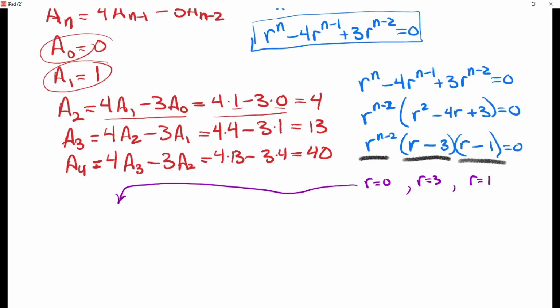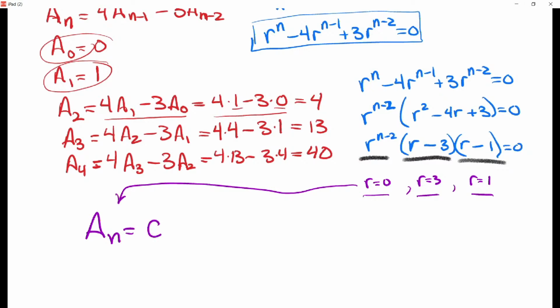Okay, so we have these 3 solutions. And as I mentioned, the 0 is always a solution that you're going to ignore. But I'm going to not ignore it just for a minute. So my solution, I'm going to do this. A sub n is going to be, I'm going to start with the 3.